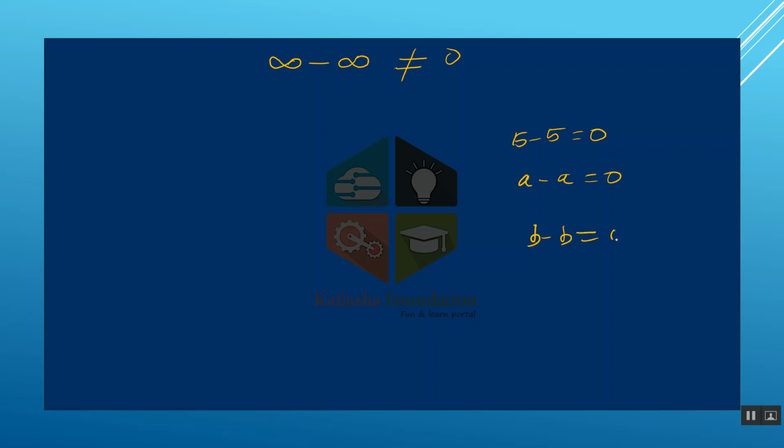Why is infinity minus infinity not 0? Infinity minus infinity can be 0, but it is not sure. Infinity minus infinity cannot be determined by just looking at infinity.